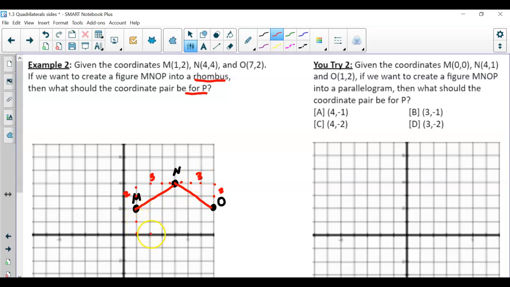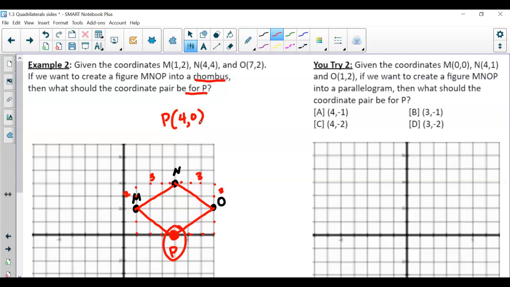Notice here, 1, 1, 2, 1, 2, and 3. So this creates your rhombus. So point P needs to be at the coordinate of 4, 0.